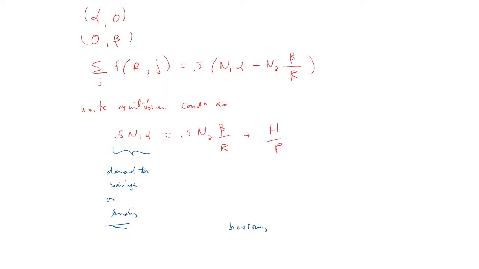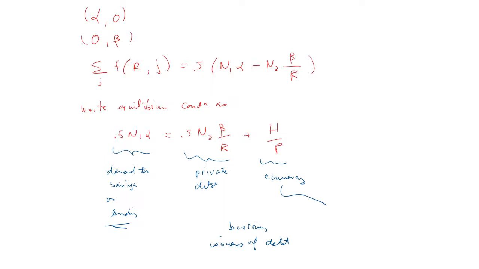And these are borrowings, or you could say issuers of debt, one period debt. And this is private debt. And this is currency that we could think of as having been issued by the government.